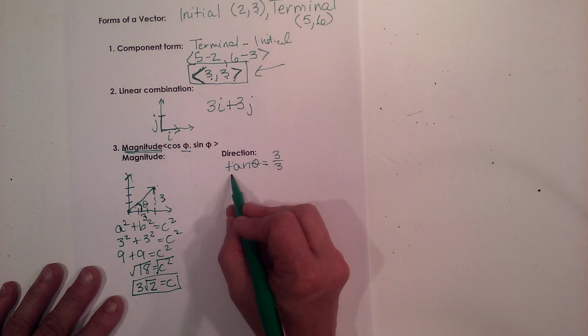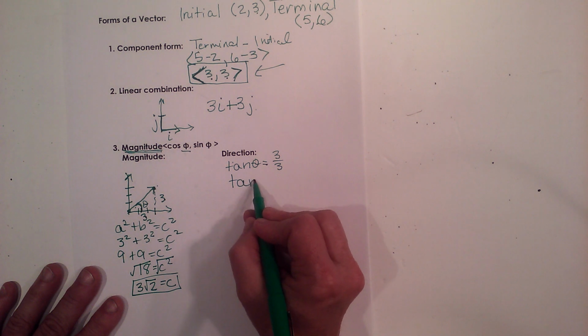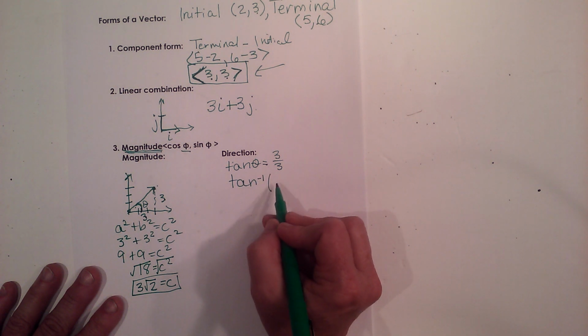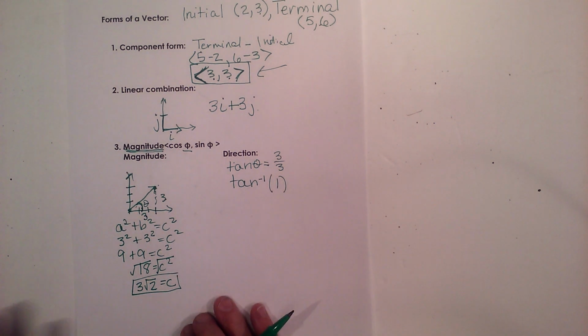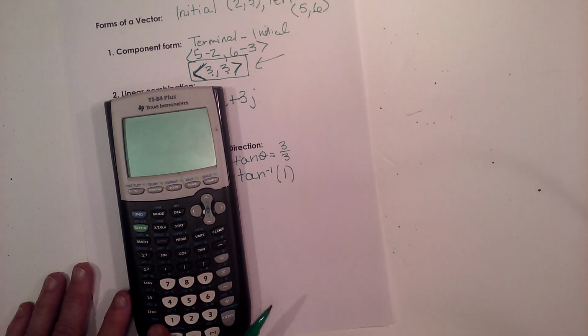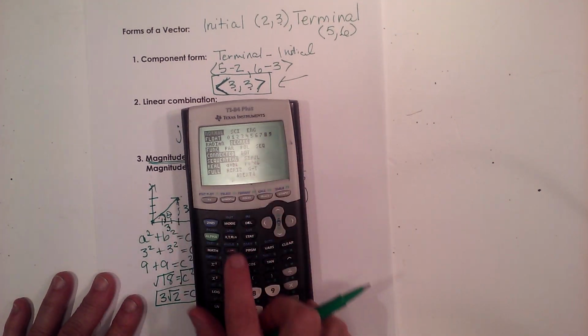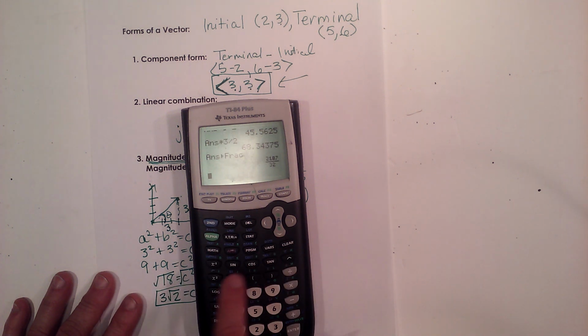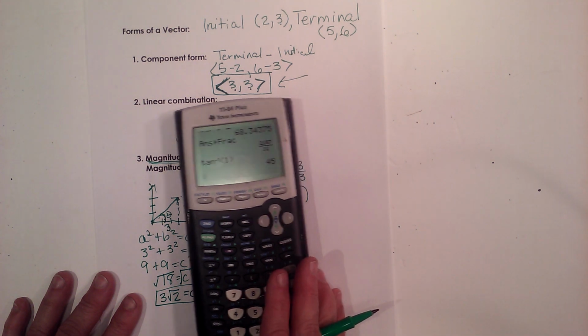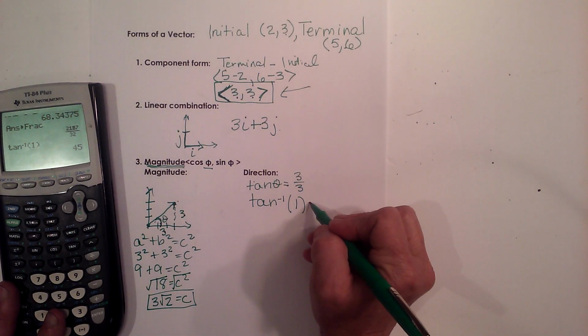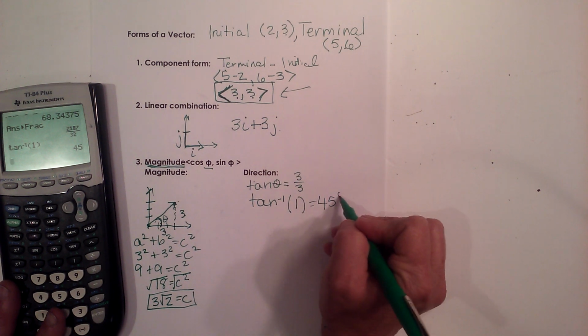So to find the angle, I'm going to take the inverse tangent of 3 over 3, or I'll go ahead and reduce that to 1. On my calculator, first make sure you're in degrees. I'm going to take the second tangent, which is inverse tangent of 1, and I get 45 degrees. So my angle is 45 degrees.